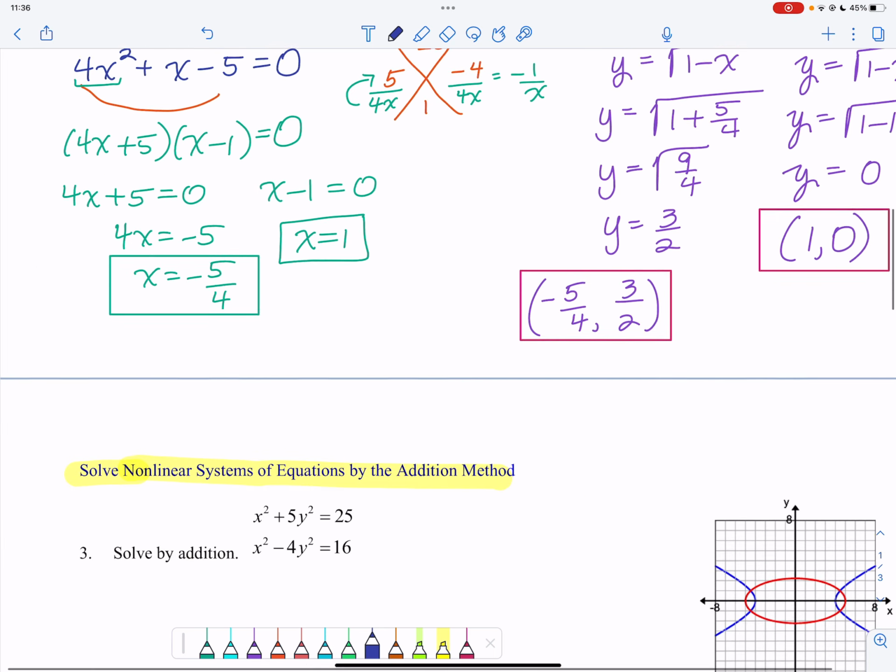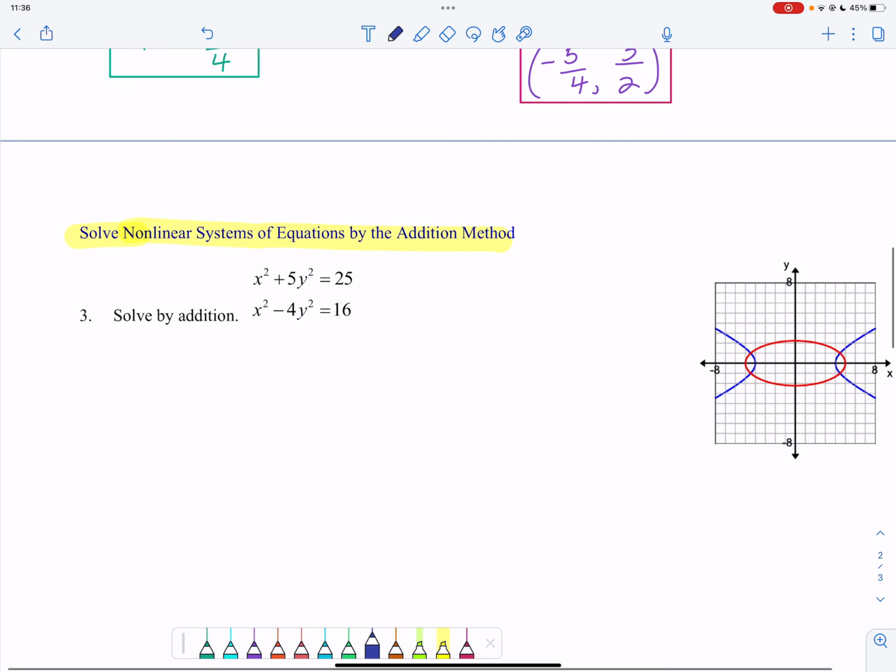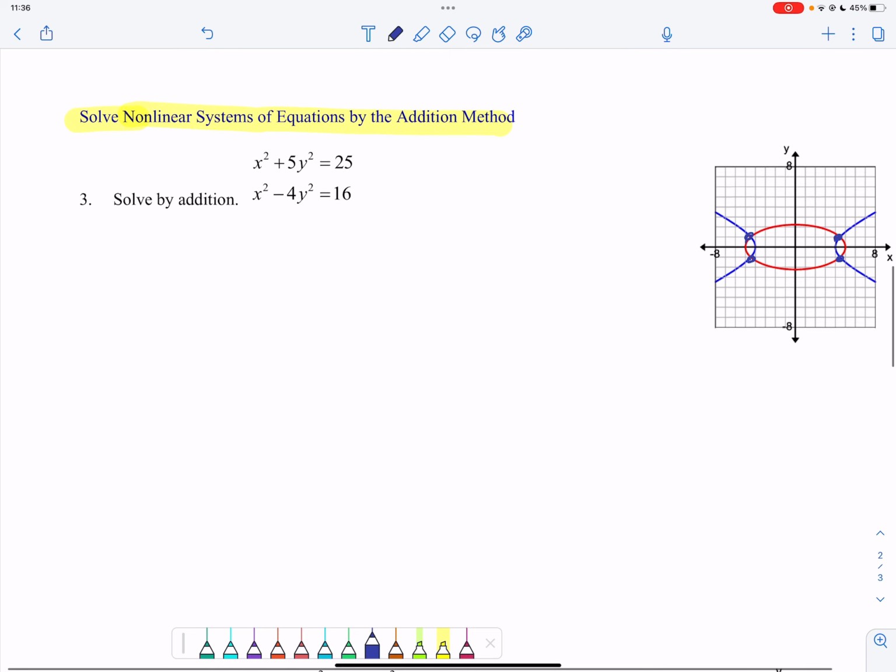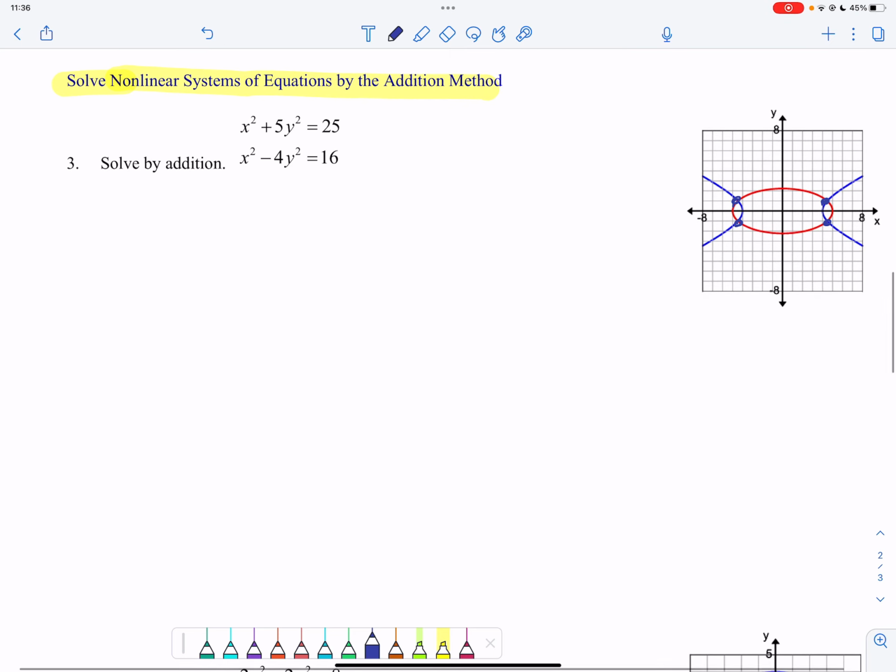Okay? So, as you can see, we are going to get 4 solutions here for this system. Substitution, I guess you could solve for one of the squared variables, but if you look closely, you could multiply the second equation of the system by -1.